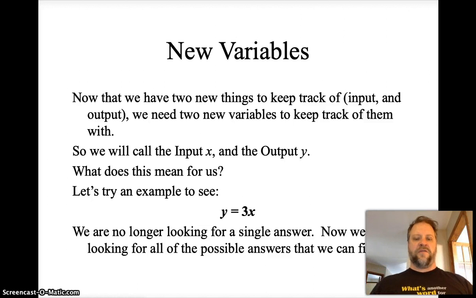Now I am looking for all of the possible answers. I'm looking for a series of answers that create a pattern, and that pattern is 3 times that number. So I could pick a whole bunch of numbers, and I'm going to get a whole bunch of answers, but they're all going to be related to 3 times those numbers that I picked.